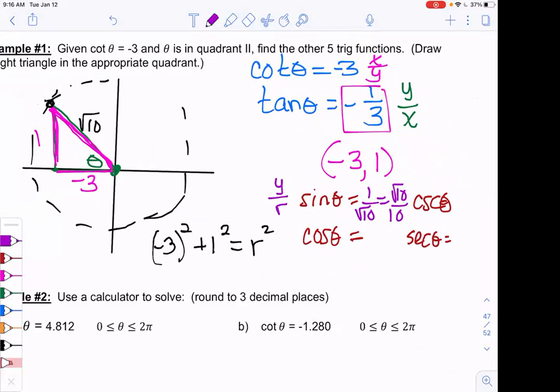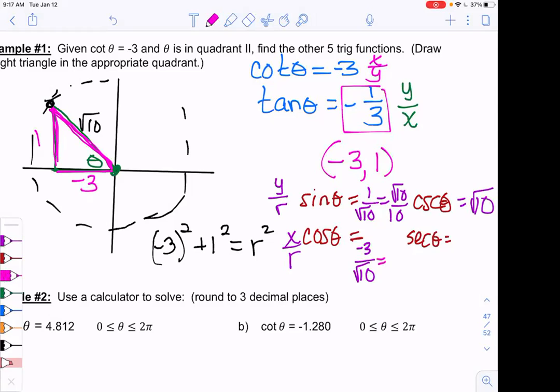The cosecant is the reciprocal of sine. Well, 1 over root 10 was sine, so the cosecant is just root 10. The cosine is x over r, or adjacent over hypotenuse. Well, my adjacent side is -3, the hypotenuse is root 10. That should be negative because it contains an x.